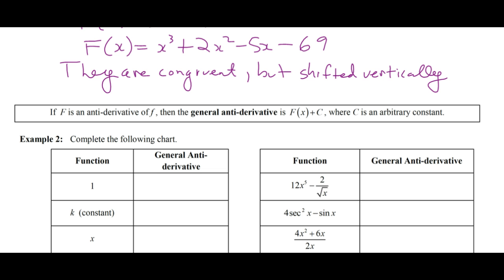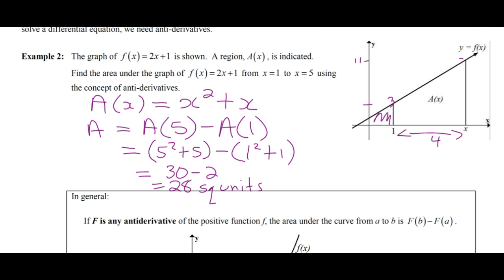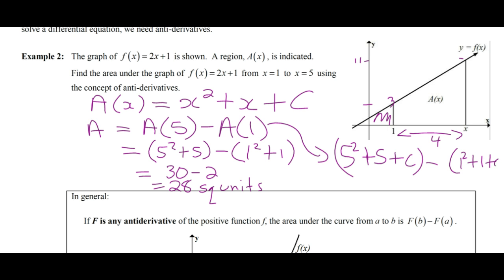And if you're using it to calculate areas, it doesn't matter if you added the constant, since we could back up and throw that on there. Then this area here becomes 5 squared plus 5 plus c minus 1 squared plus 1 plus c, and the c minus c just comes out in the wash.